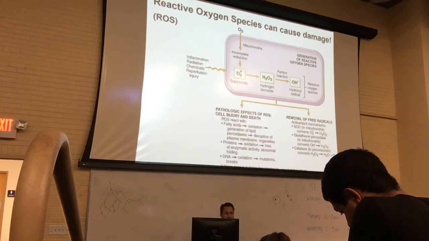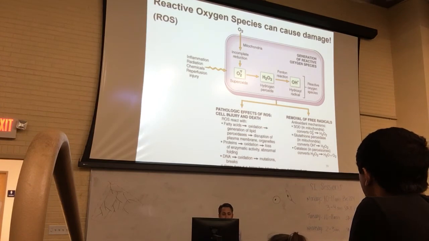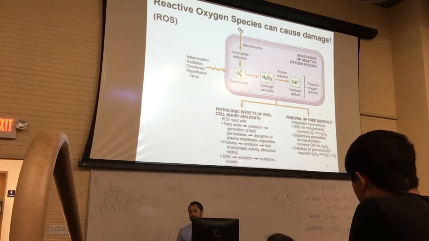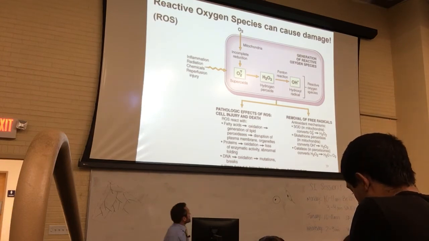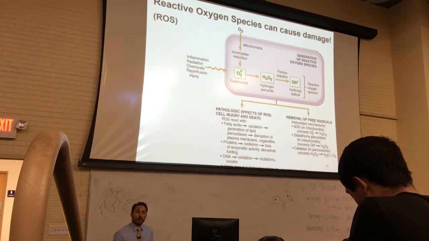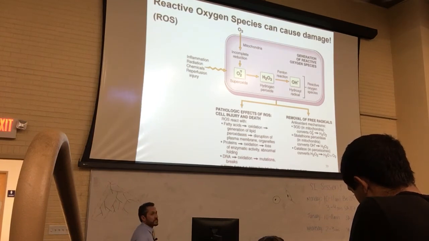And so ROS oxidize fatty acids, right? When they oxidize these fatty acids, they generate all sorts of disruptions to organelles and plasma membranes. They oxidize proteins. As they oxidize the protein, it loses its function. It no longer works. As it oxidizes DNA, now you get mutations.